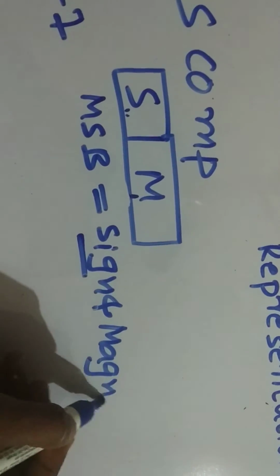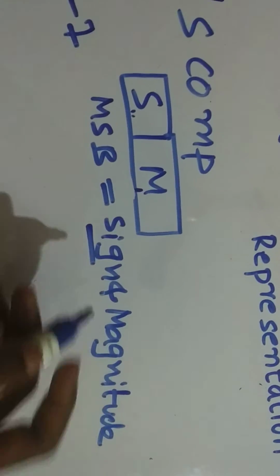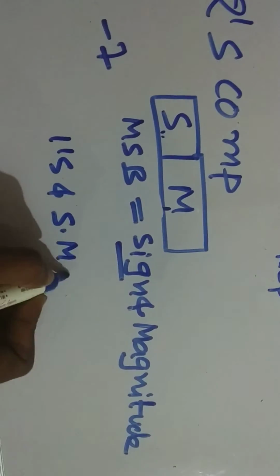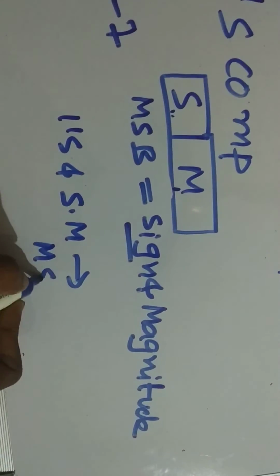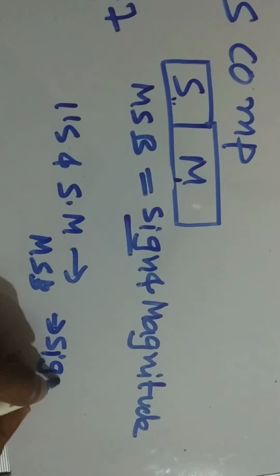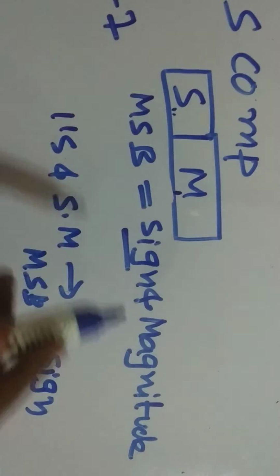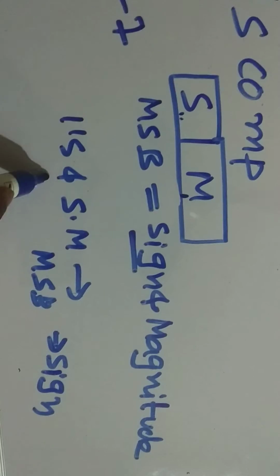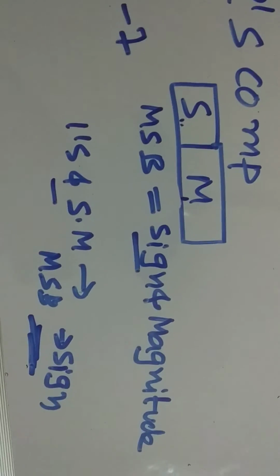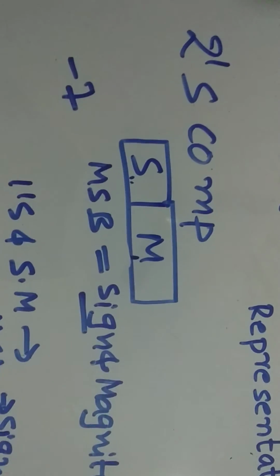It has the power of sign as well as magnitude, whereas in 1's complement and sign magnitude form, the MSB was only having the power of sign. It was not representing magnitude. Okay, understand this. Don't forget this one. But I'm going to explain it clearly.